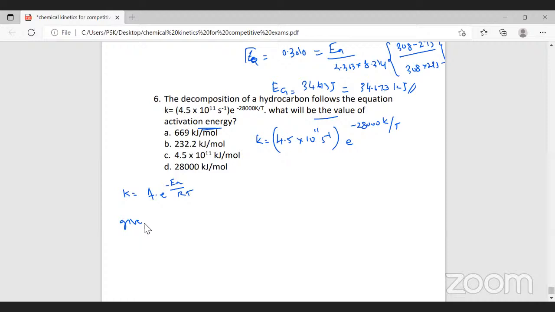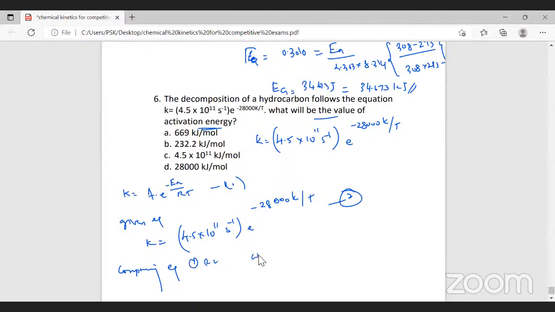Given equation, K is equal to 4.5 into 10 to the power 11 per second into e to the power minus 28,000 K by T. Now, comparing equation 1 and equation 2, we get minus EA by RT is equal to minus 28,000 K by T. We can equate these two.